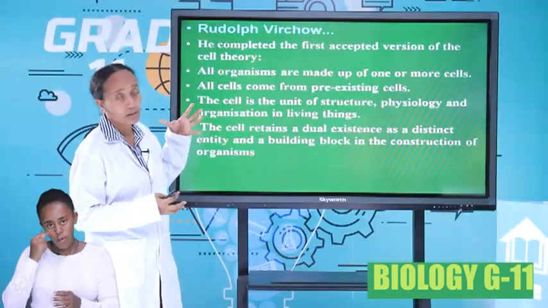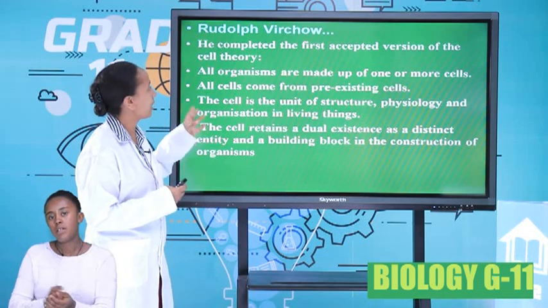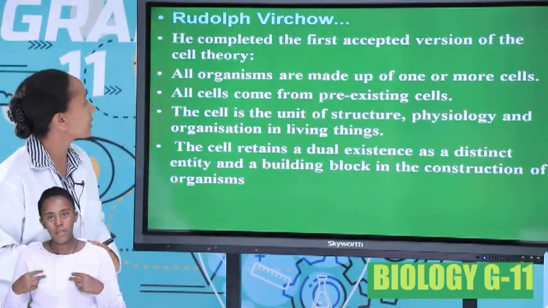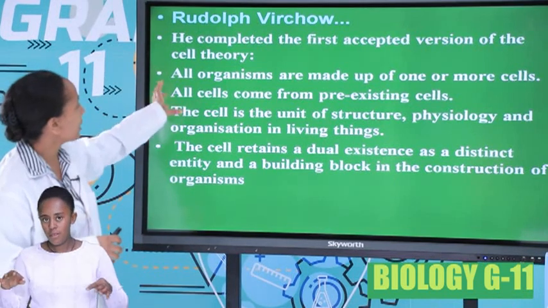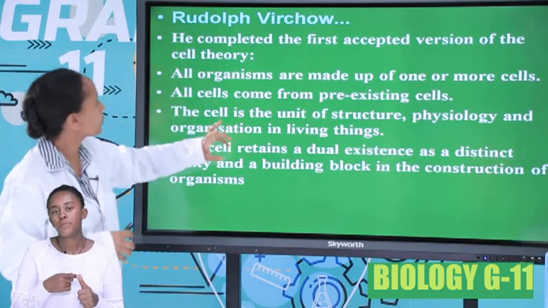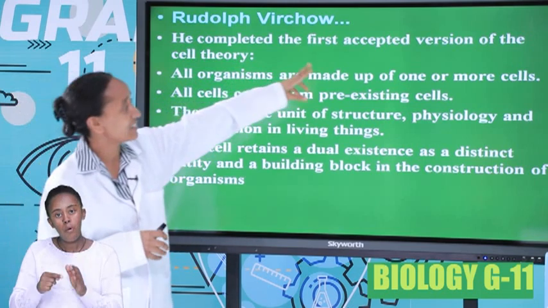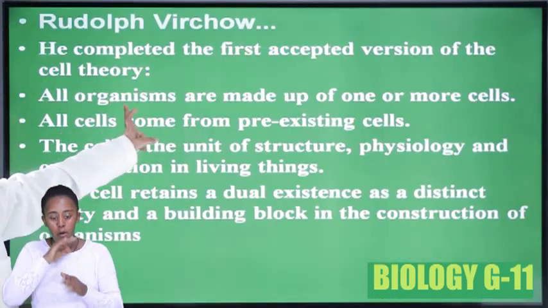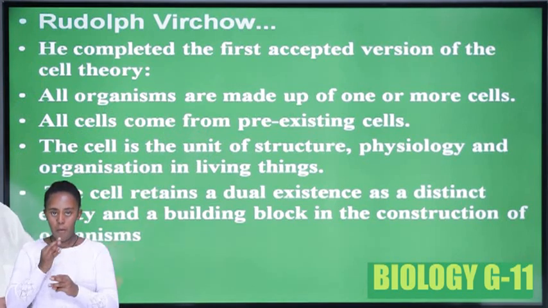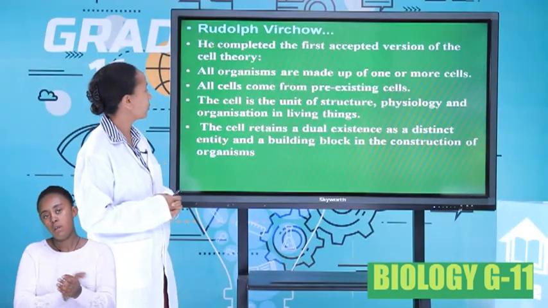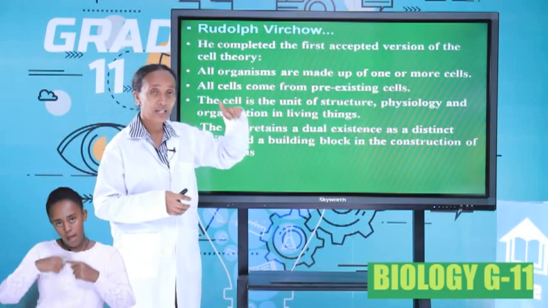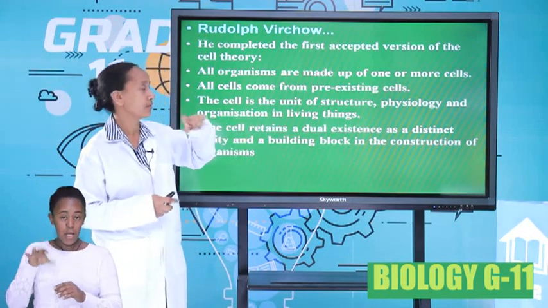After that, the cell theory was modified by Rudolph Virchow to have these four statements. The first statement, Rudolph Virchow completed the first accepted version of cell theory, which says all organisms are made up of one or more cells, and the second statement, all cells come from pre-existing cells.